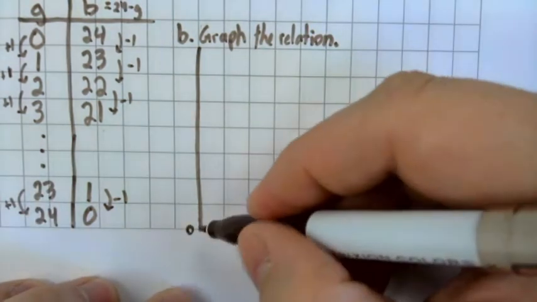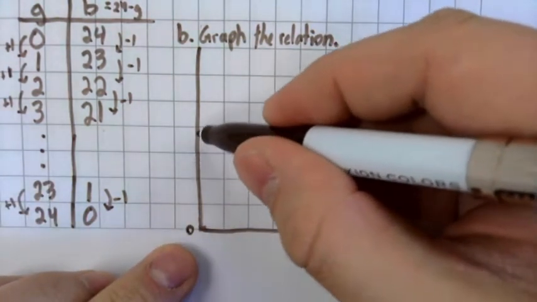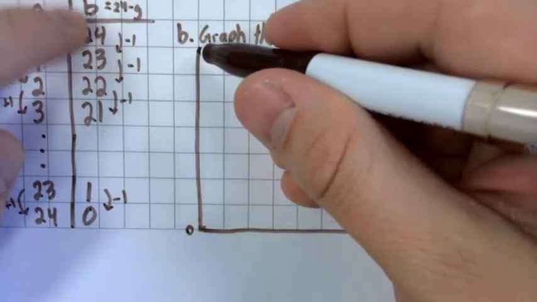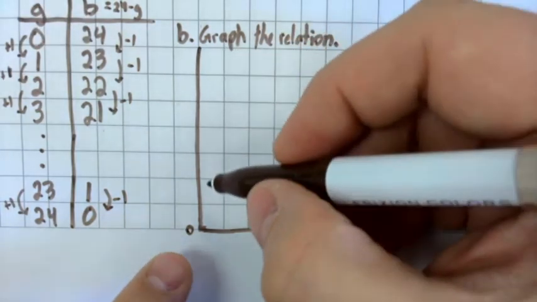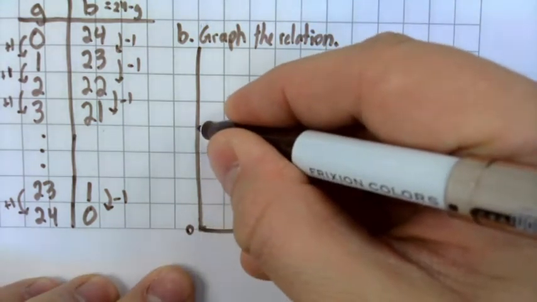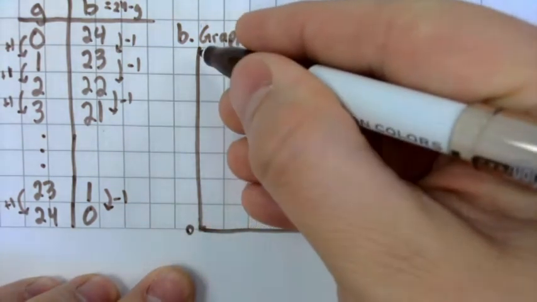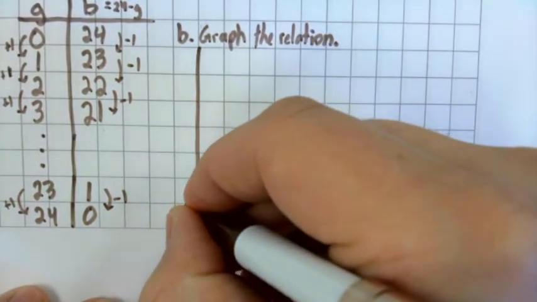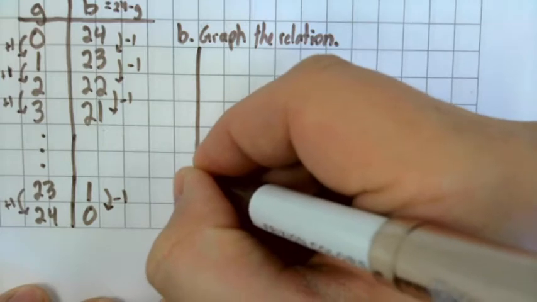If I went up by 3s, I'd have 3, 6, 9, 12, 15, 18, 21, which isn't enough. So maybe I need to go up by 4s. What if I go up by 4s? 4, 8, 12, 16, 20, 24, 28, which is more than we need. So let's go up by 4s.